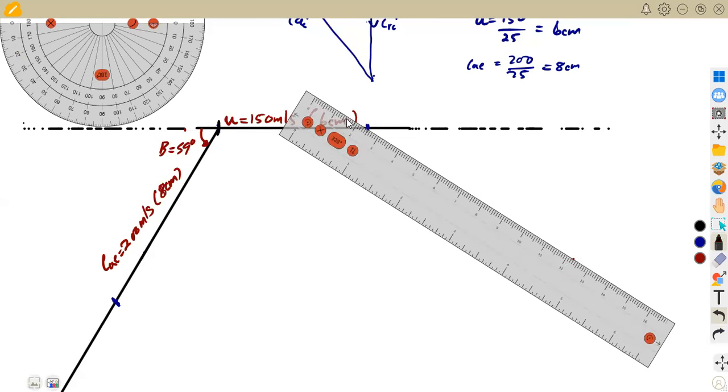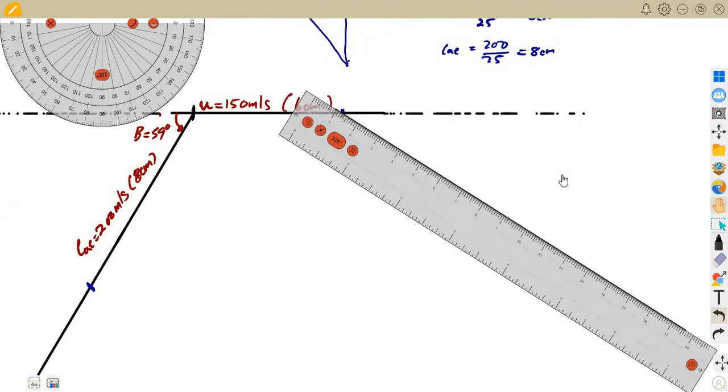We do not know the distance that we are going to relate in this case. So what is going to happen? We are just going to draw this line. We do not know where it is going to be, somewhere here. We do not know exactly where it is going to end or the point where it is going to reach.